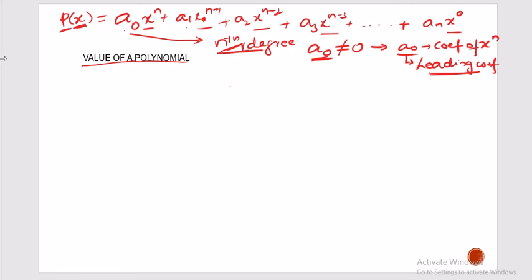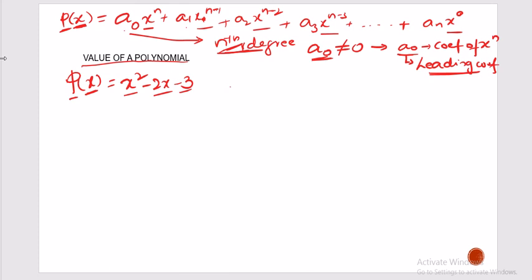Now let us see what is meant by the value of a polynomial. Suppose I consider a polynomial p of x is equal to x square minus 2x minus 3. Since we have the variable x, the right hand side is a polynomial containing the variable x.